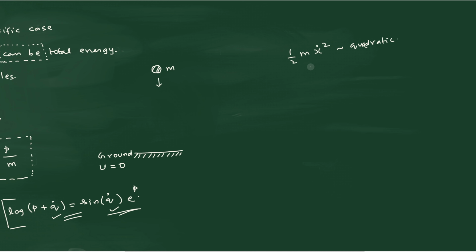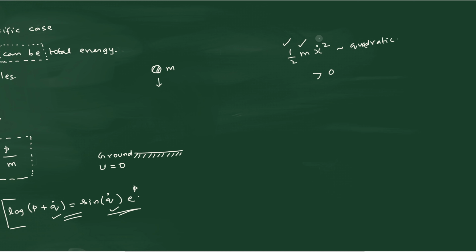Okay. So the interesting point about this quadratic expression is that it is not only quadratic, it is always greater than 0. This is not true mathematically, but in a physical situation this is true. So why is it always greater than 0? You know that 1 by 2 is a positive number. Mass of a particle is always positive. You don't have negative mass, right?